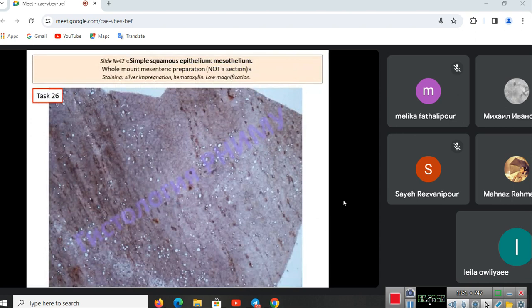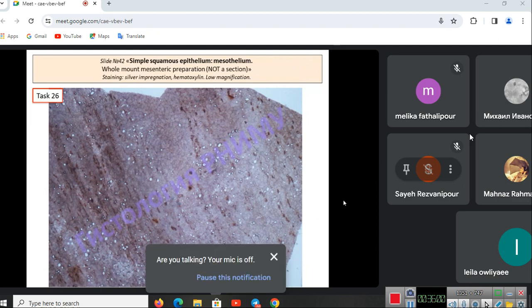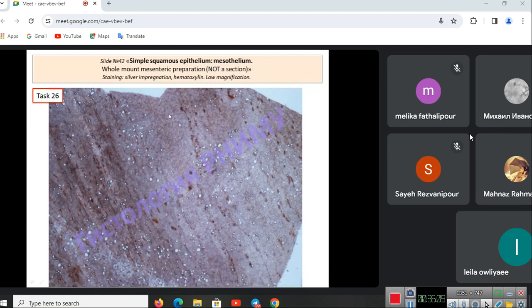And now we start to look at the particular types of epithelia. Our first epithelium type is the simple squamous epithelium, which has its specific name. It is called mesothelium. This is the picture of a histological preparation. It is called whole mount mesenteric preparation.